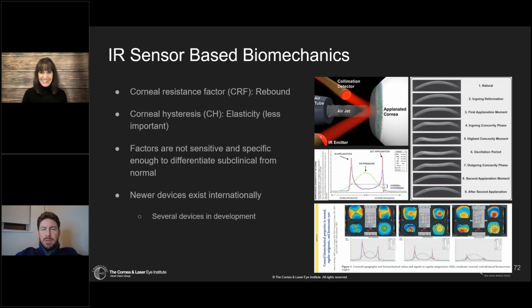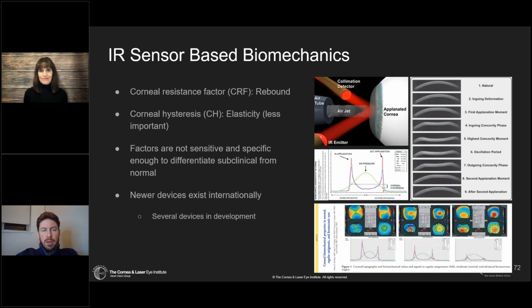So we're going to blow through some corneal biomechanics. This is kind of a holy grail area, and currently the biomechanical devices that we have available in the US are not sufficient enough to be able to differentiate early keratoconus or subclinical keratoconus from a normal cornea.